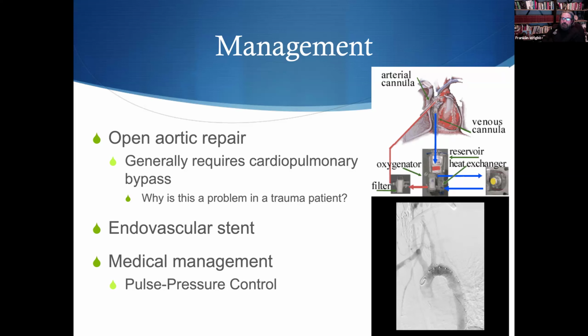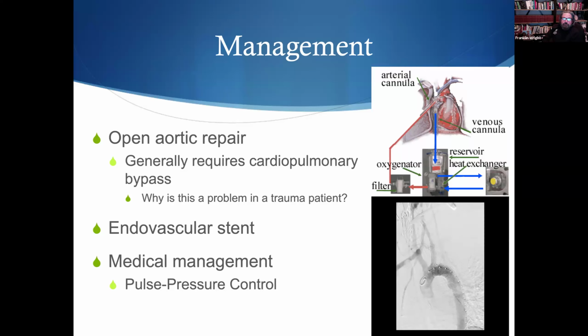What injury patterns do you think patients with aortic injuries often have? If you took enough force to your body to tear your aorta, do you think you took some head trauma too? And the answer is very frequently yes. There's a high concordance of these high-mechanism blunt injuries with intracranial bleeding. And what's the last thing I want to do in a patient with an intracranial bleed? Put them on blood thinners and anticoagulate them.